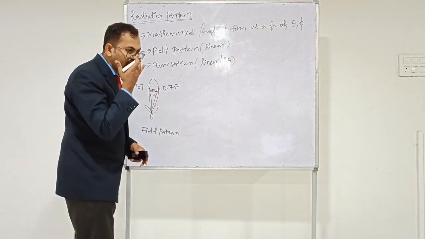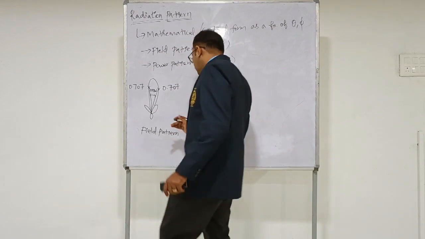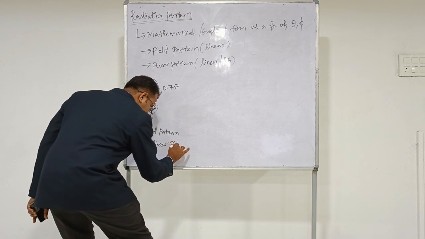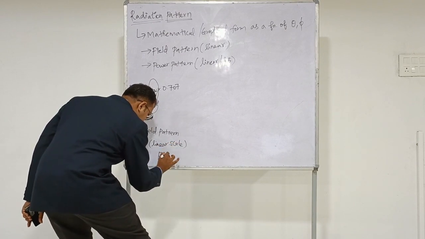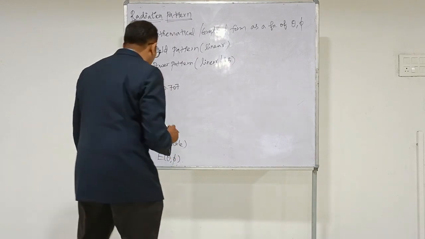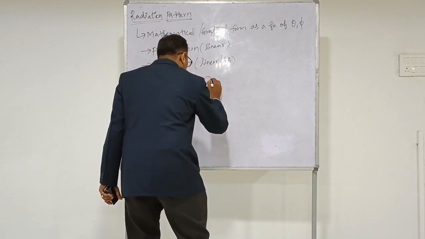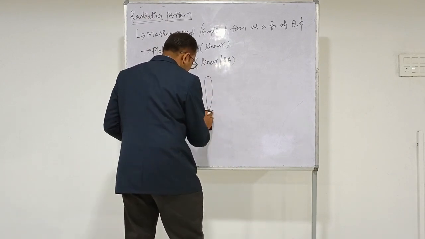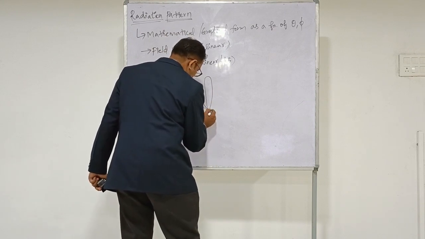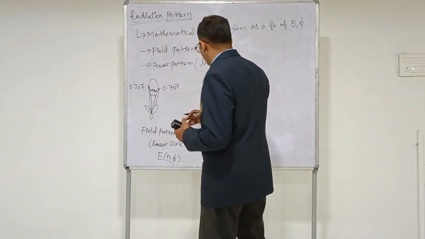So this is with respect to field pattern. Similarly, how can we define it for power pattern? Here field pattern is in linear scale, so this could be E of theta comma phi. What about power pattern? The power pattern can once again be of the same shape. But what is the difference here?